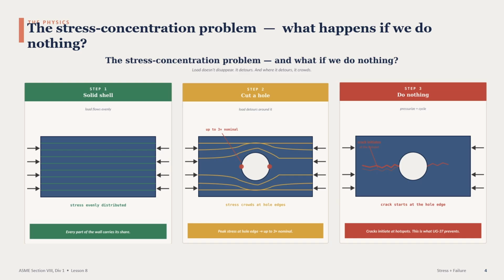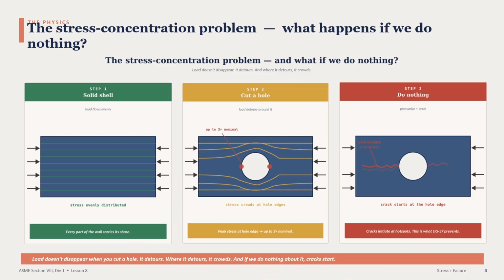This isn't hypothetical. This is exactly why we have UG-37 in the first place. Load doesn't disappear when you cut a hole. It detours. Where it detours, it crowds. And if we do nothing about it, cracks start. That's the motivation for everything that follows in this lesson.